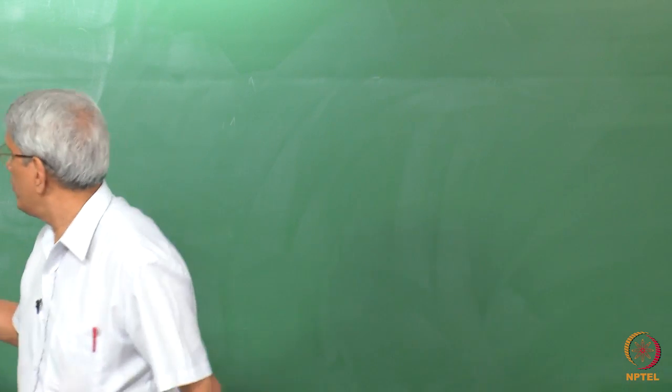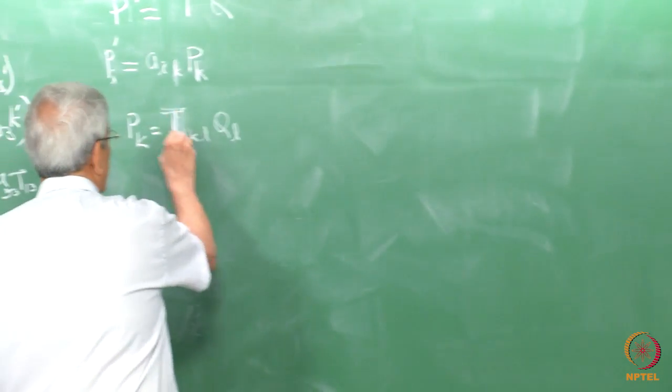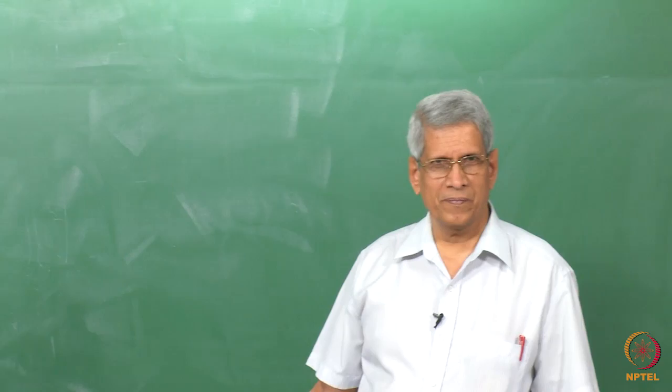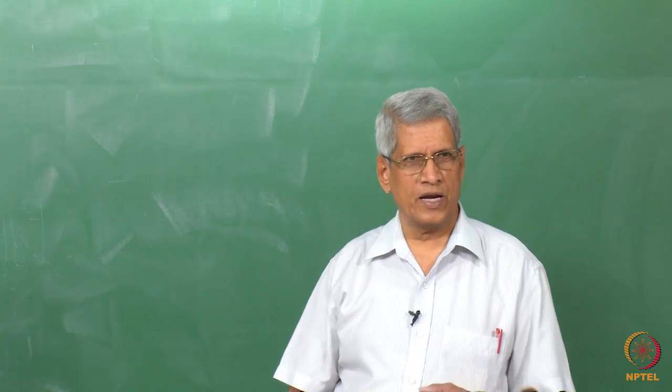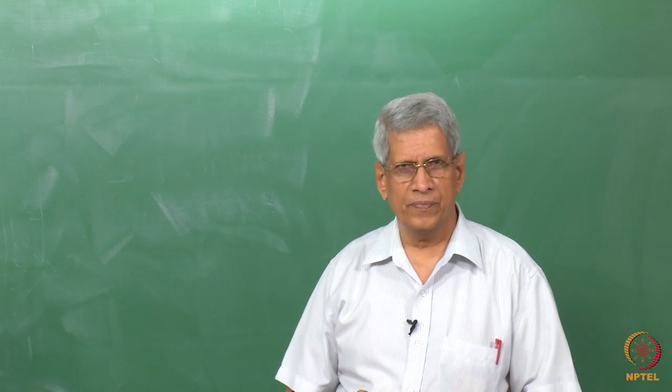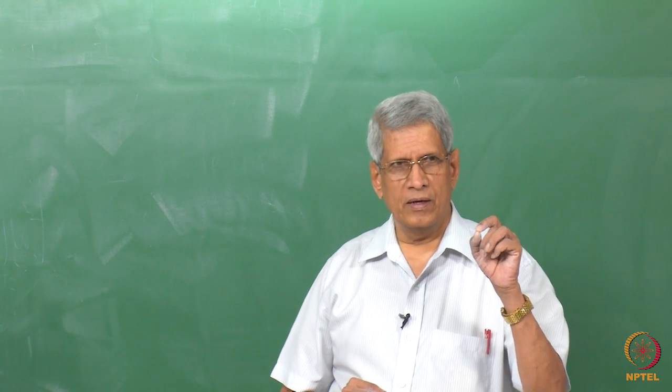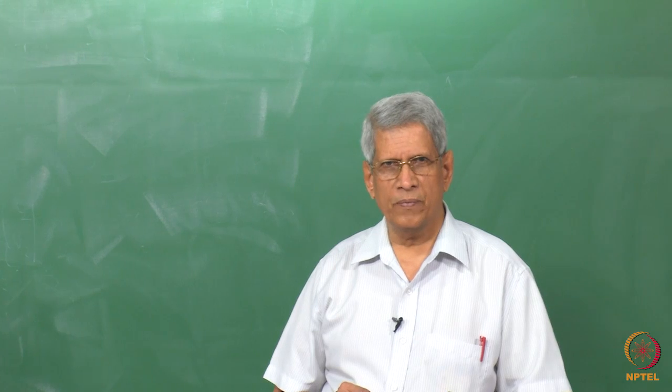No, this will be TKL, correct? This is how this relation comes, because that is P dash, we have transformed it into the whole coordinate, and then it's written in terms of P.